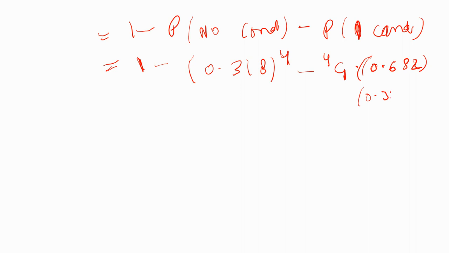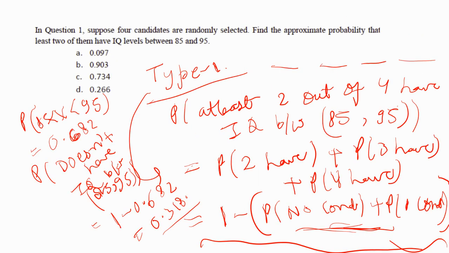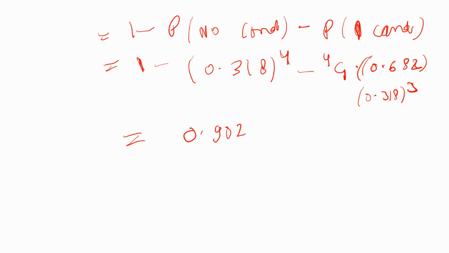So for the others it will be 0.318. Now you can solve it, and the answer will be 0.902 or so, because we have not taken everything here. So this will be the answer. Is it okay?